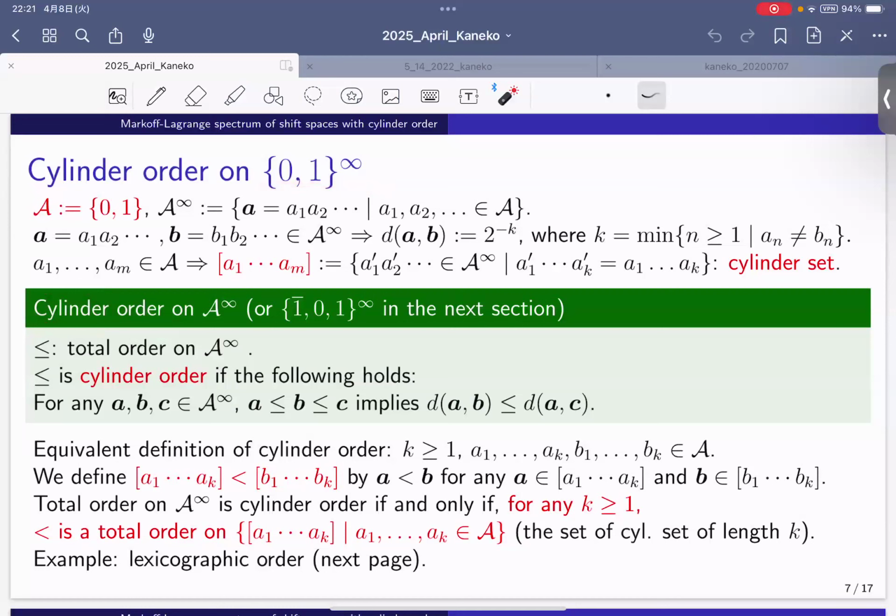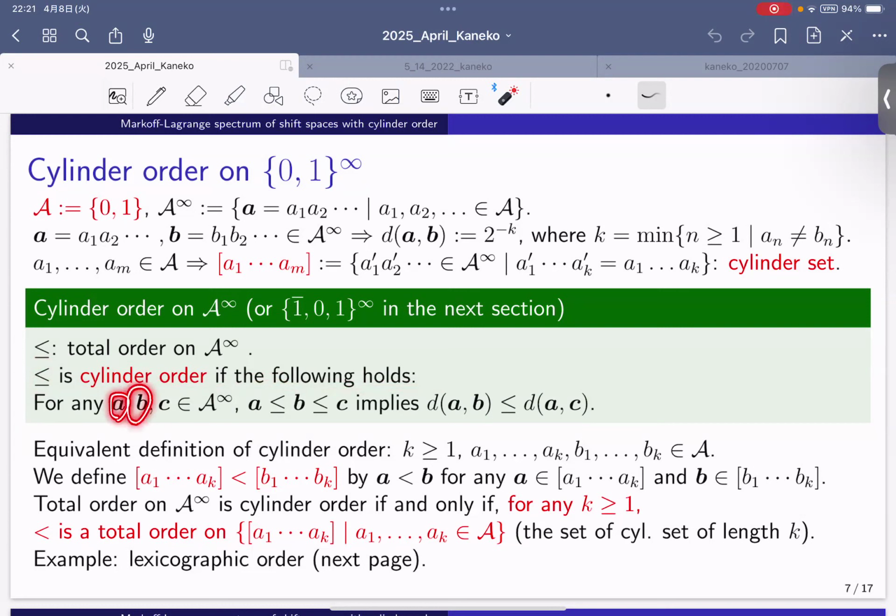And the cylinder order on {-1,0,1} is also defined. I would like to use the cylinder order on this set in the next section. So this is a total order on A infinity, and it is a cylinder order if and only if the following holds.